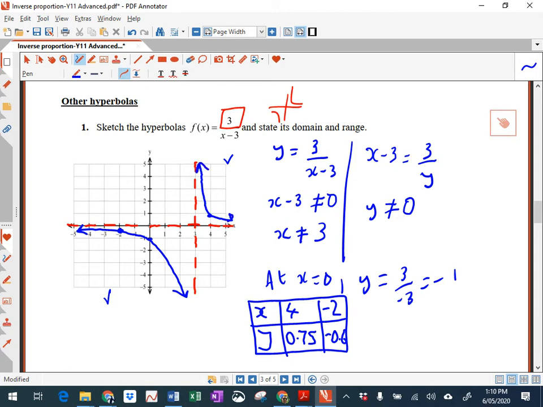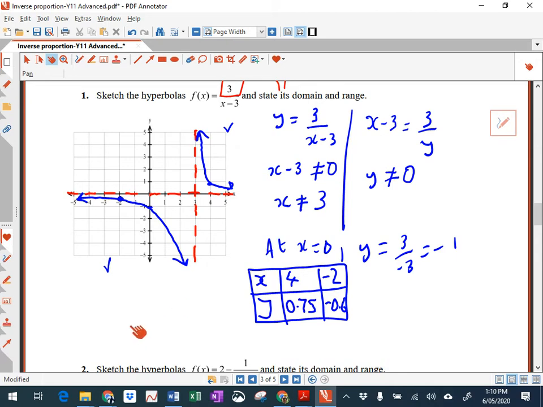Okay, so you can always use a little table of values to get an idea of where the graph should be. Now, let's look at the domain and range, by the way. The domain will be all x not equal to 3.